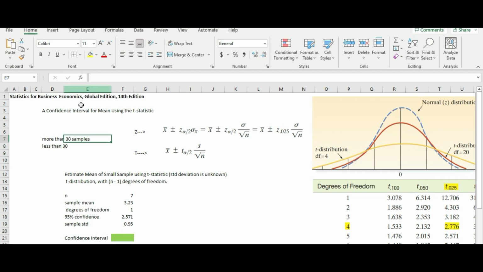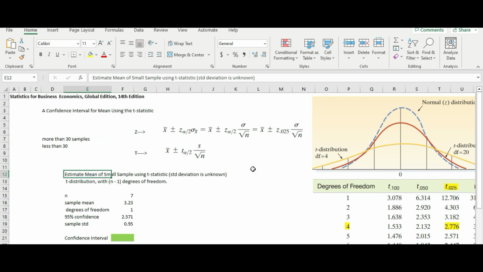It's the same, except that in the t-statistic you use the sample standard deviation in the absence of the population standard deviation, and you use the t-value, not the z-value. That's the main difference.